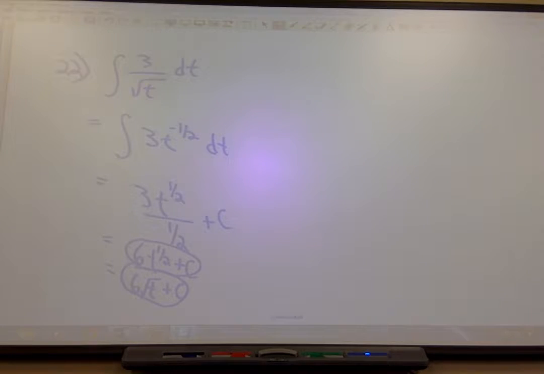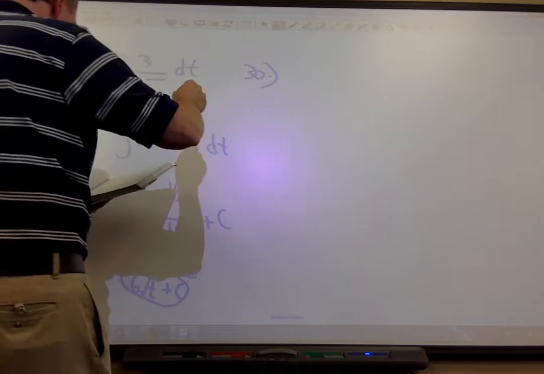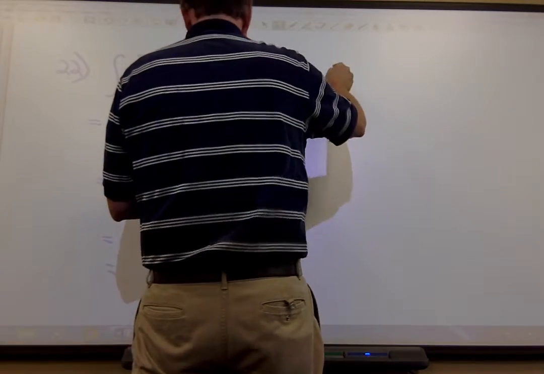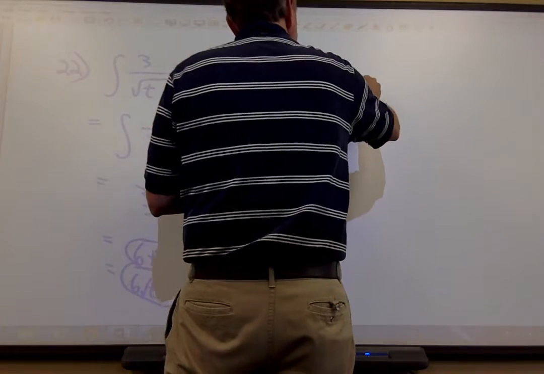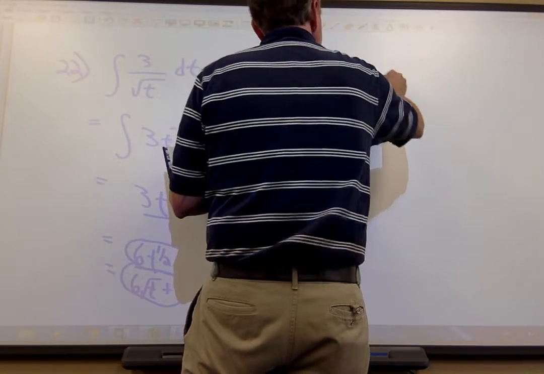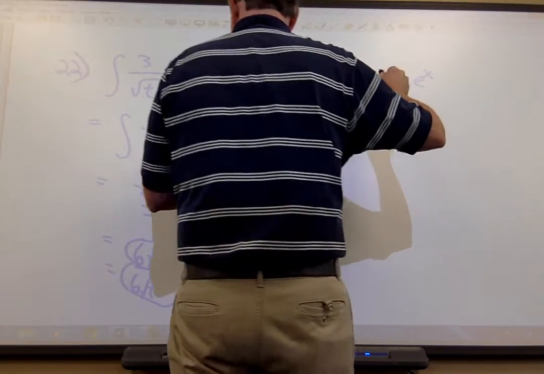Just to put everything together, how about 30? Do it term by term. They say the antiderivative of 2 plus x plus 2x squared plus e to the x dx.